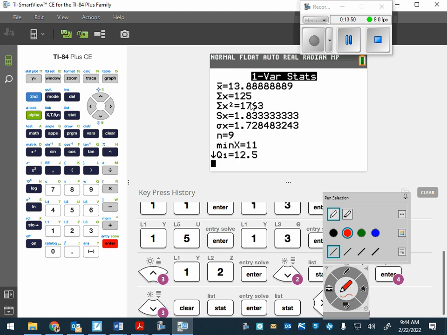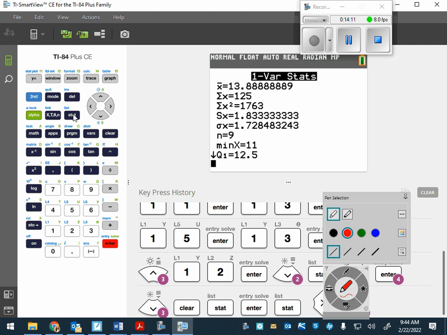Now, for this small data set, do we have to use our calculator? No. However, when we have a large data set, it's going to be easier, right? Now, the only problem with this, it doesn't show the mode. But there's a way you could put this list in ascending order from least to greatest, so you could scroll to see, okay?